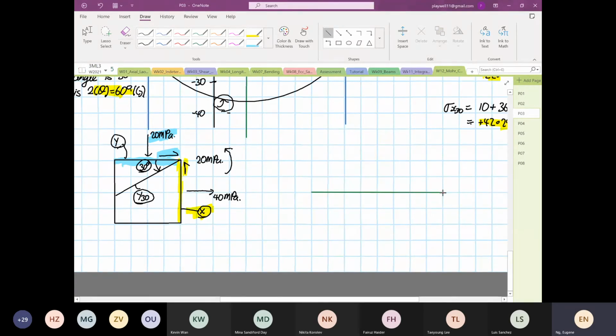So this is our 0. We're going to rotate by 30 degrees, so I'm going to put this as 30, 30 degrees anti-clockwise.